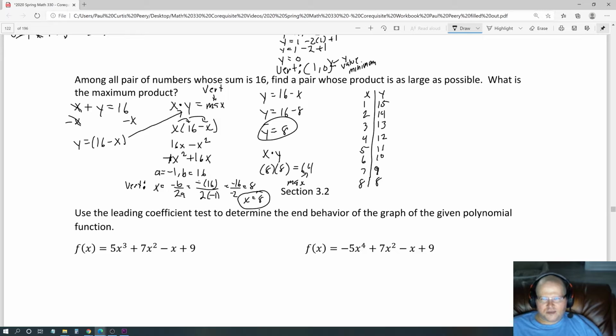If we did all these products, we could just do it by inspection. These are all the combinations of numbers whose sum is 16. Technically, this would wrap back around, and you'd end up with x equal to 15. But the product is the same whether it be 1 times 15 or 15 times 1, so there's no reason to keep going.